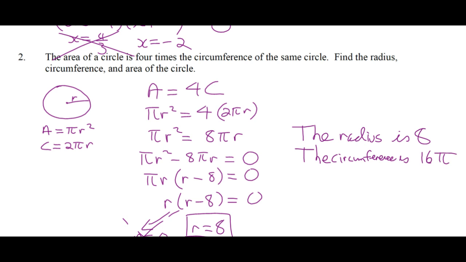I didn't say otherwise, so that's exact, right? 16 times pi is exact, and 50 point whatever that works out to is not, so I'm going to leave it as 16 pi. And the area is what? 64 pi. The area is 64 pi.